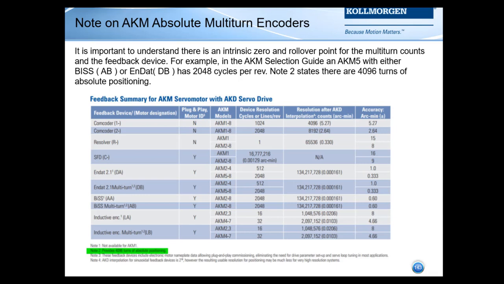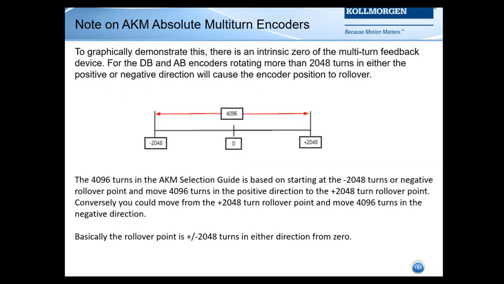Note 2, which is highlighted below, states there are 4096 turns of absolute positioning. To graphically demonstrate this, there is an intrinsic 0 of the multi-turn feedback device. For the DB and AB encoders, rotating more than plus or minus 2048 turns in either the positive or negative direction will cause the encoder position to roll over, which is generally undesirable.